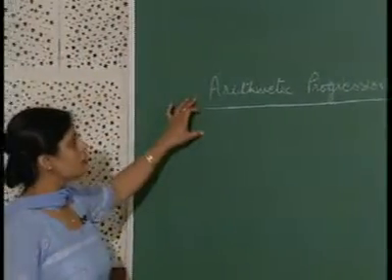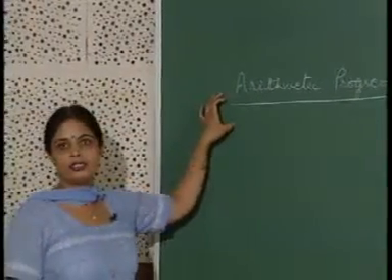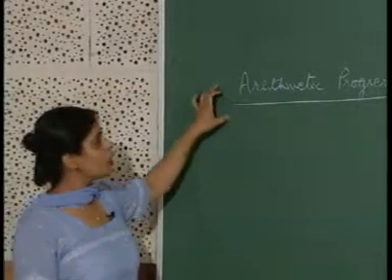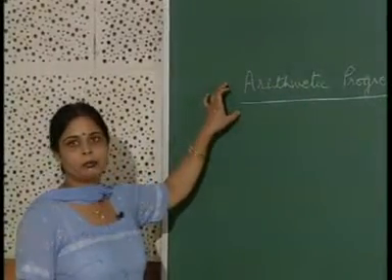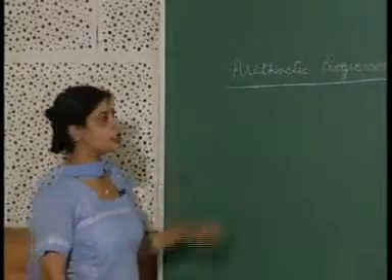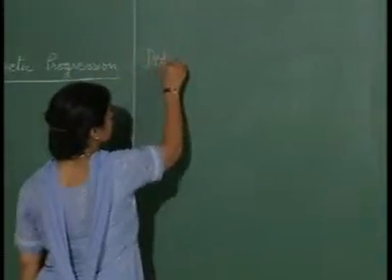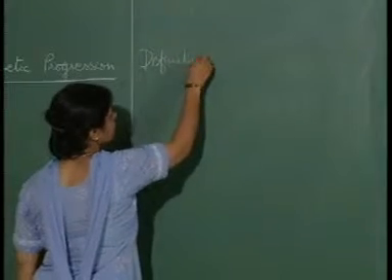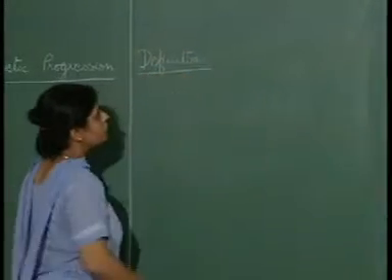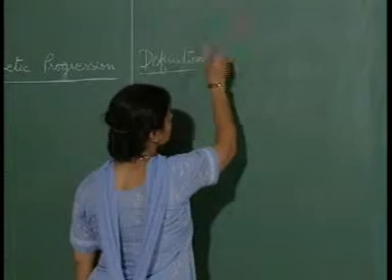Before we start to learn formally what is an arithmetical progression, we need to understand a sequence mathematically. So what is a sequence? Let's define it formally. So I write the definition of a sequence.